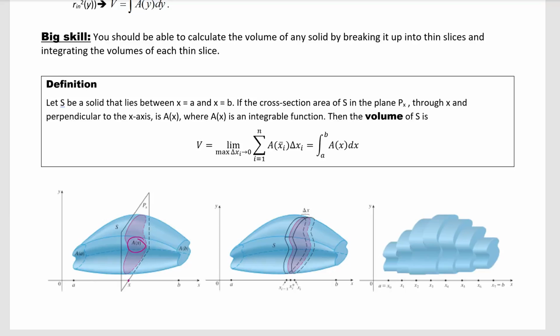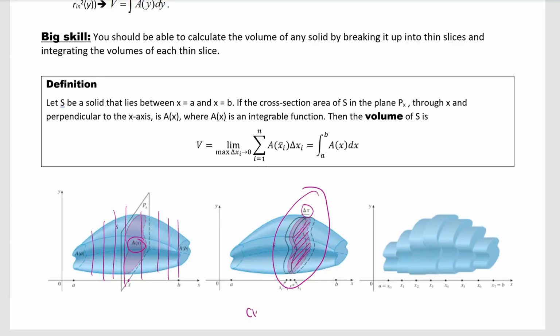Okay, so how do we integrate? How do we find the volume of this solid? Well, we can think about, okay, we have this guy and we cut it into slices, and what does each slice look like? So each slice looks like this. This is like a cylinder, right? You have this is the height, and the area of base is the cross-section area.